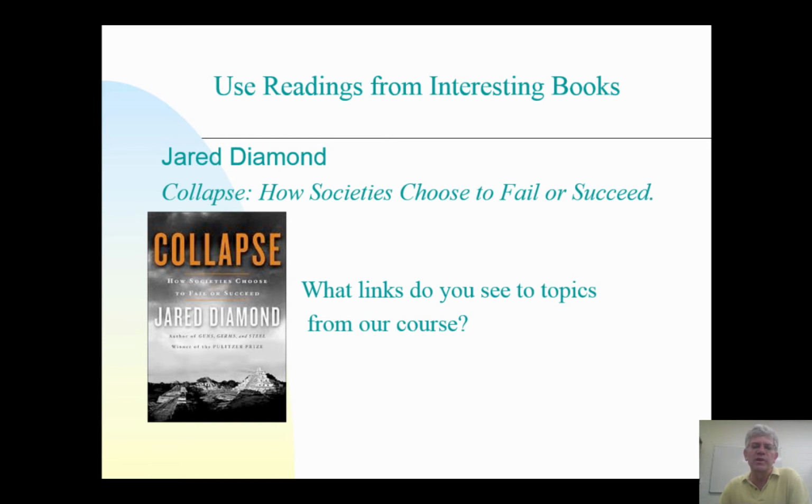So one approach one can use in connecting math and science to the real world is to have students read a book that has some real world interest. And I've been very interested in the writing of Jared Diamond. He wrote the very popular Guns, Germs, and Steel, but he also wrote another book called Collapse: How Societies Choose to Fail or Succeed.